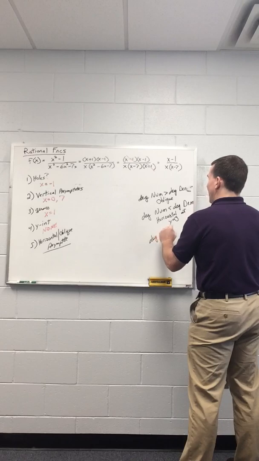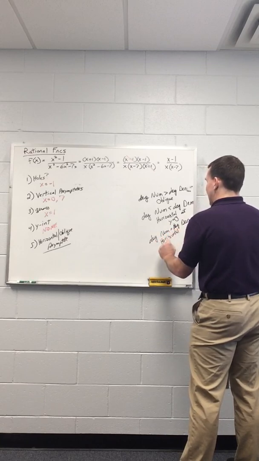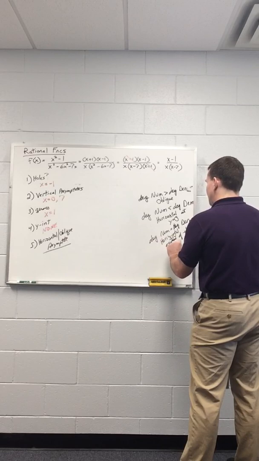And if the degree in the numerator is equal to the degree in the denominator, you get a horizontal asymptote at the quotient of the leading coefficients.